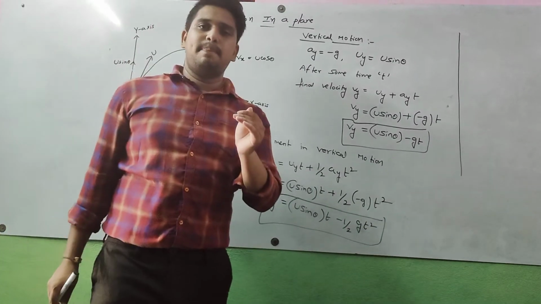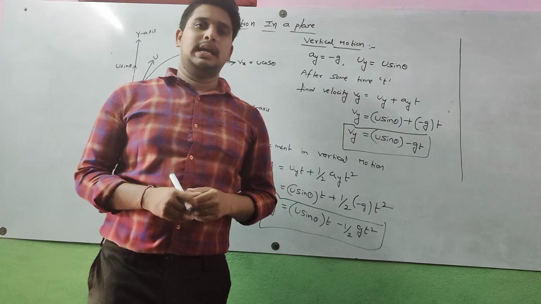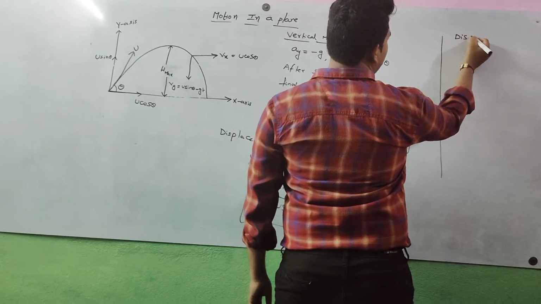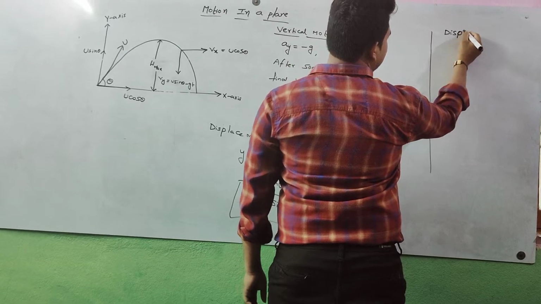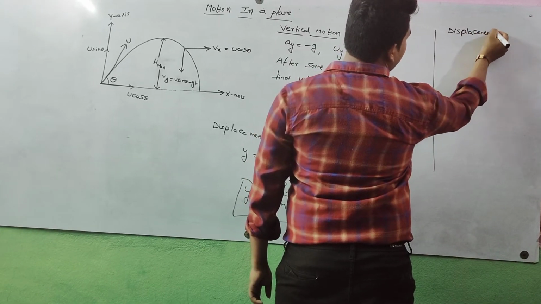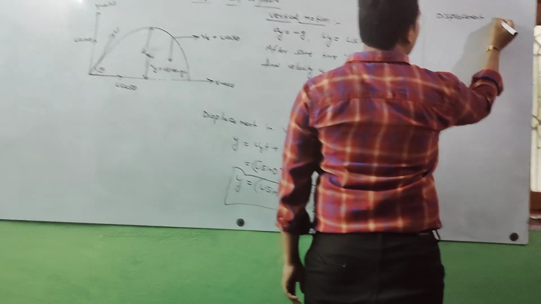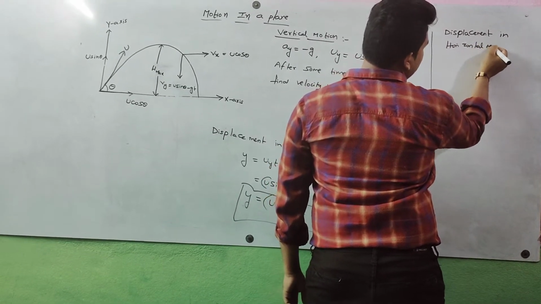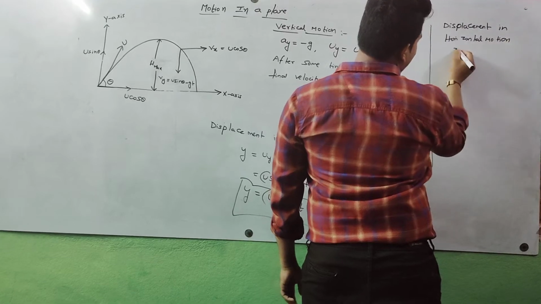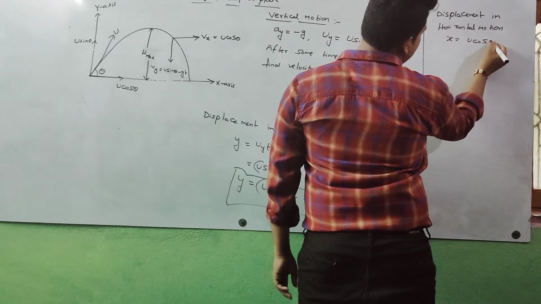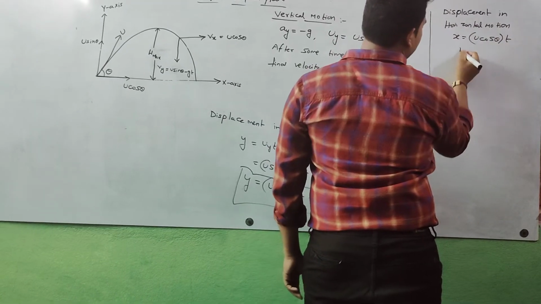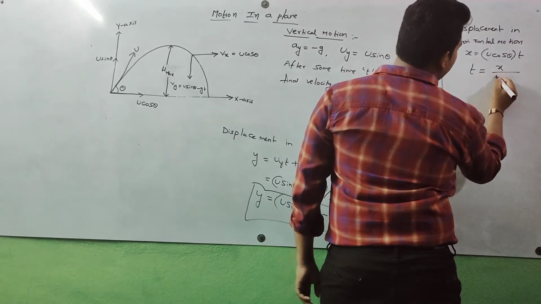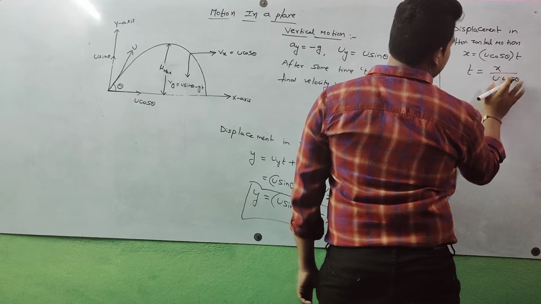In the previous lecture, for displacement in horizontal motion, we got x is equal to u cos theta into t. From this t is equal to x by u cos theta.